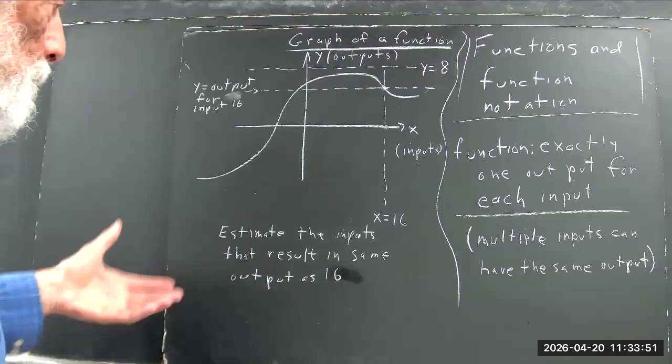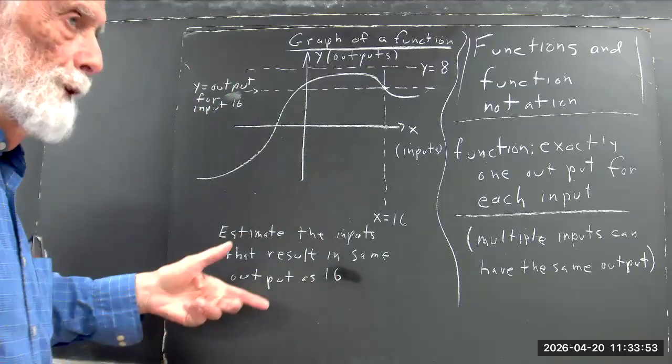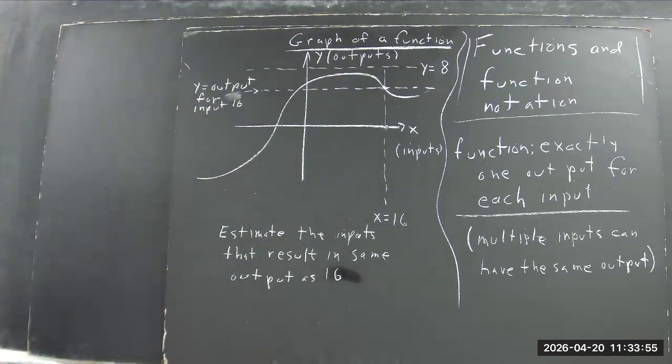Okay, so again, estimate the inputs to result in the same output as 16. If you think there are none, okay. If you think there are some, but you don't know how to estimate them, at least do as much as you can. See if you can locate points on the graph that would correspond to those inputs.